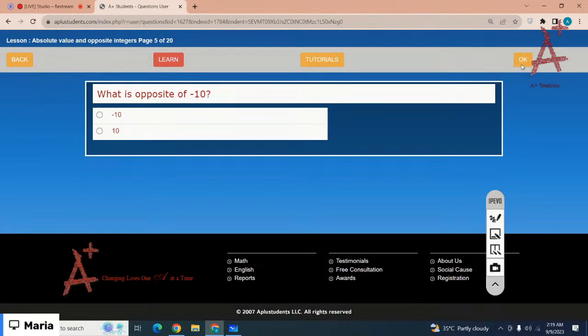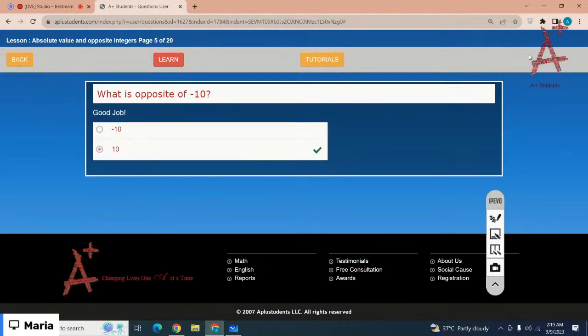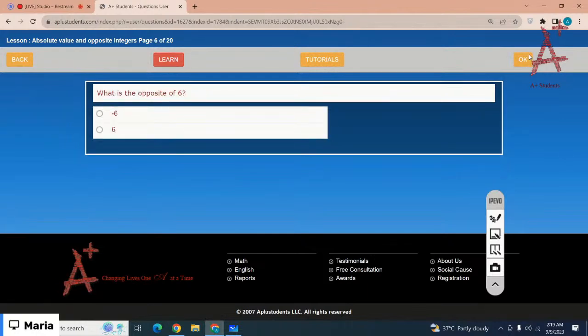What is the opposite of negative 10? So which is the correct option? Yes, opposite of negative 10 is positive 10. Very good. What is the opposite of 6?